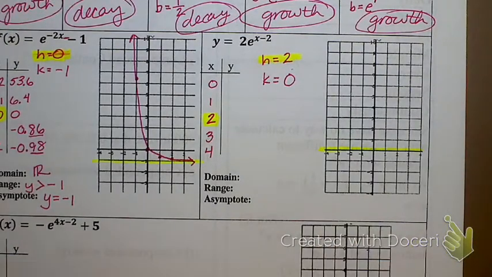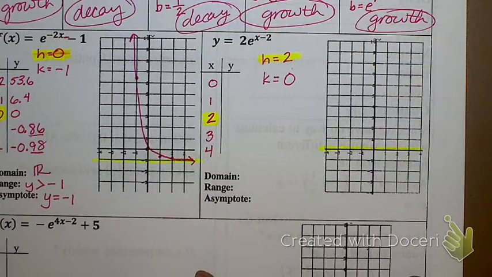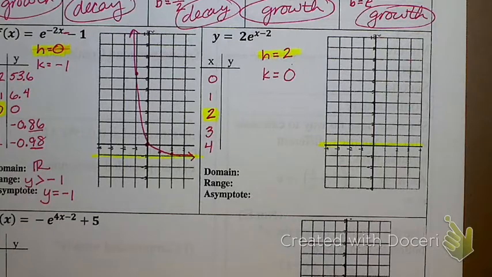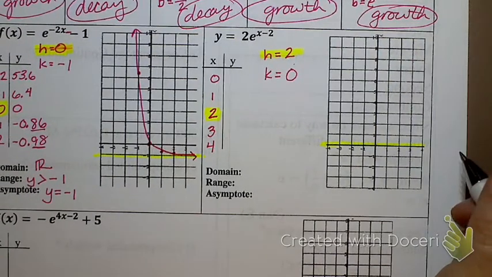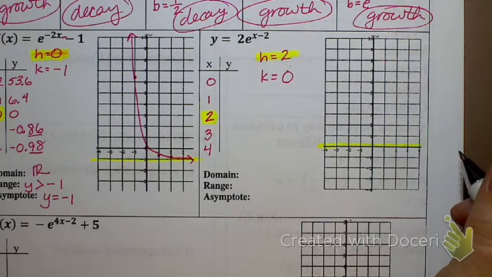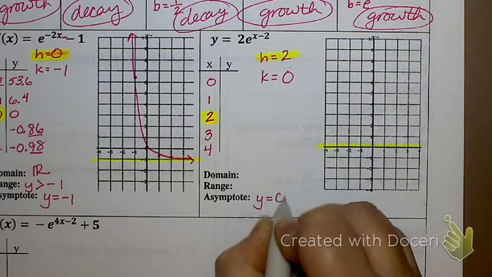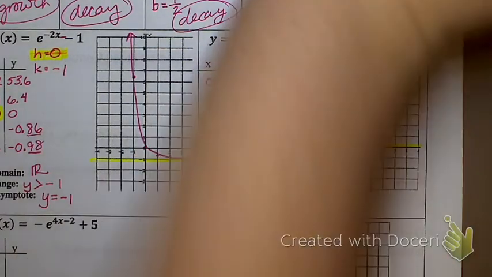Please bring a highlighter or something for your quiz tomorrow to do the asymptotes with. I do have several here that I'll leave with the sub just in case you need one. But okay. So I think I'm set. Let's write the equation of my asymptote. What's my equation? Y equals 0.